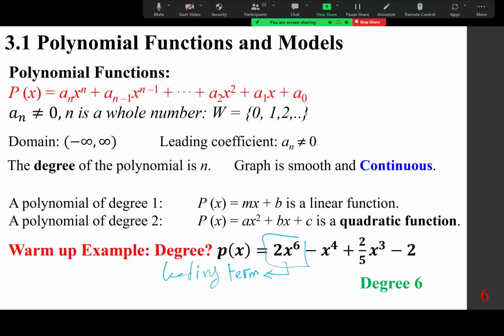And number 2, by the way, is called the leading coefficient. Leading term, leading coefficient.